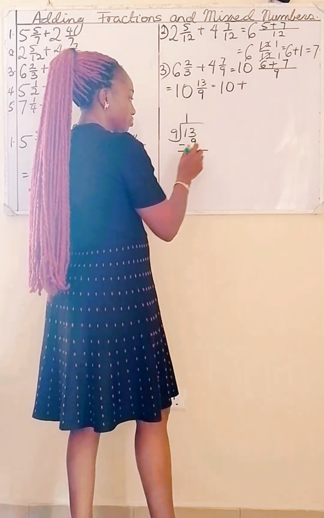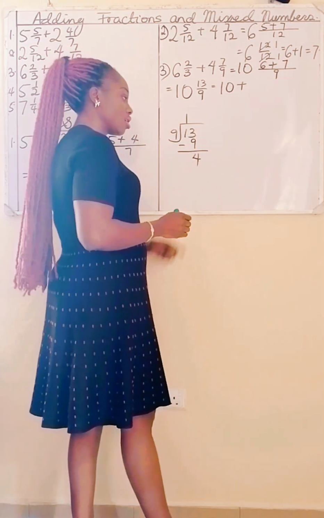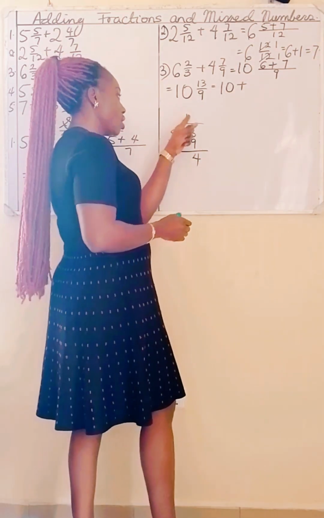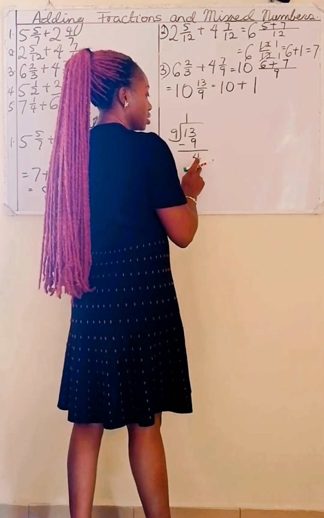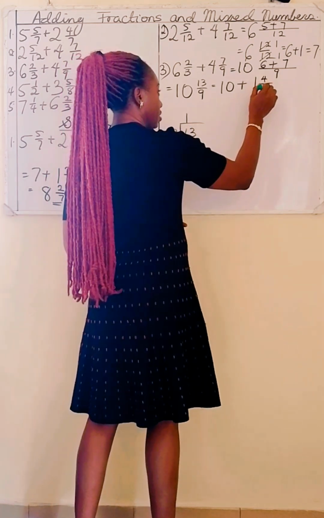Then we subtract. 13 minus 9 is 4. So we're not converting this to decimal. We're converting to a mixed fraction. This becomes 1 whole remainder what? 4, which is your numerator, and your denominator is 9.